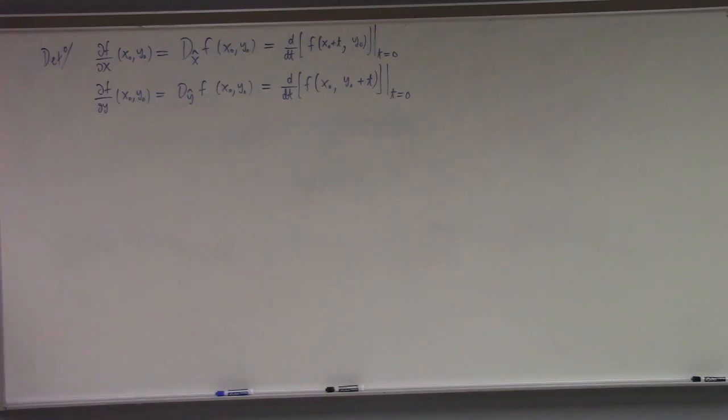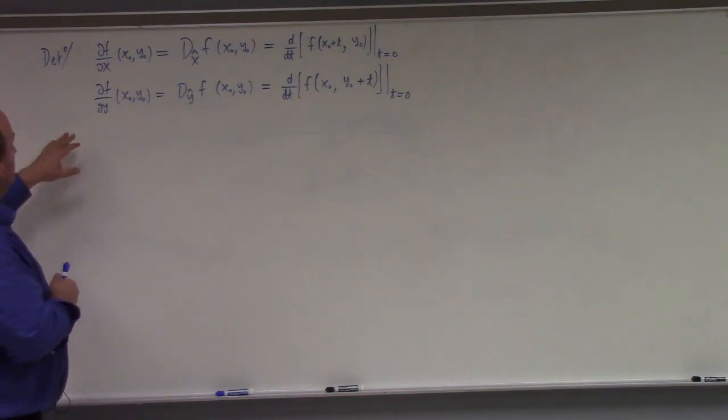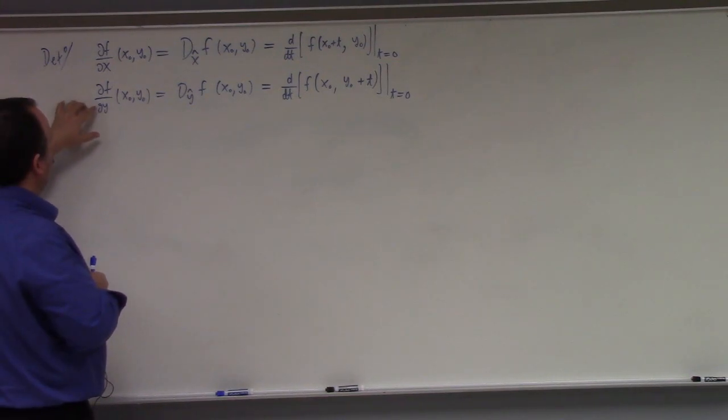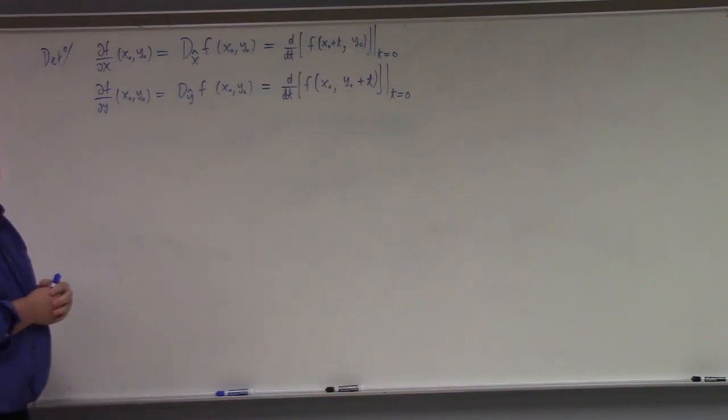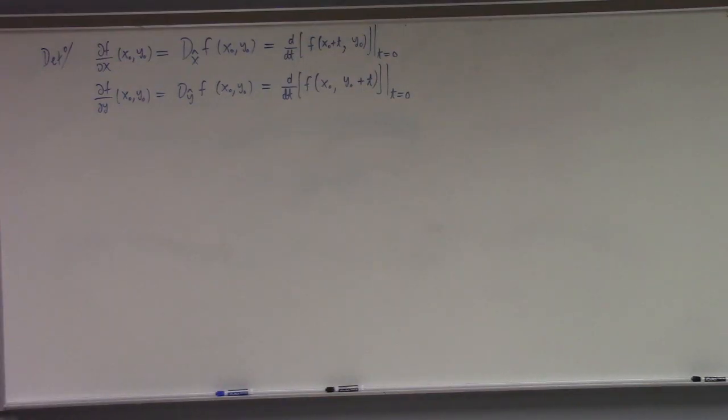Wait, so what's before the f, what's the symbol? This? Partial. What does that mean? What is it called? It's called partial. It's neither a 2 nor a d.